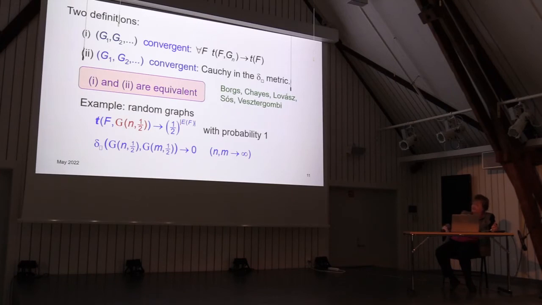And since the distance of two random graphs goes to 0, therefore we have this probability.